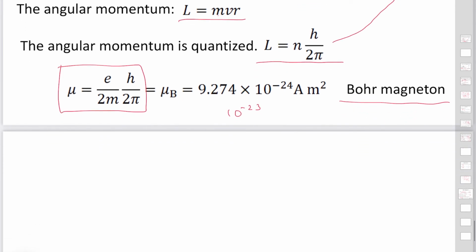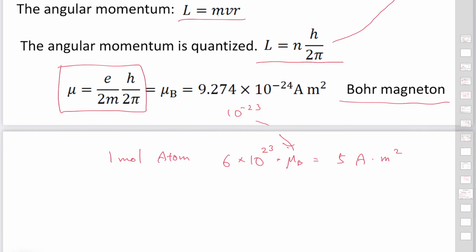Then if you consider 1 mole of atoms, you have to multiply by 6 times 10 to the 23 times the Bohr magneton, mu sub B. If you substitute these quantities here, it's about 5 ampere meter squared.